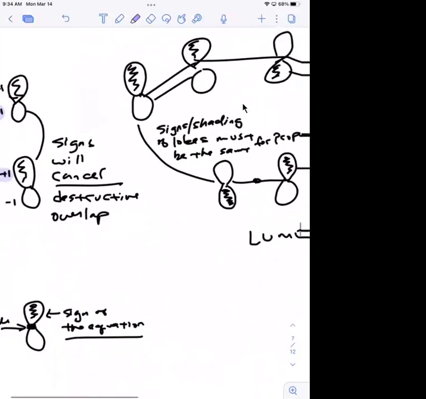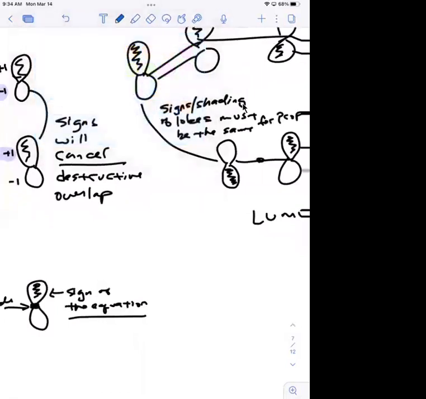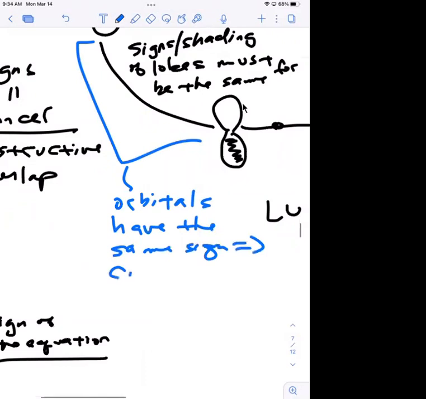So that's what this is. Let me change the color. These orbitals have the same signs, so it's going to be constructive overlap.